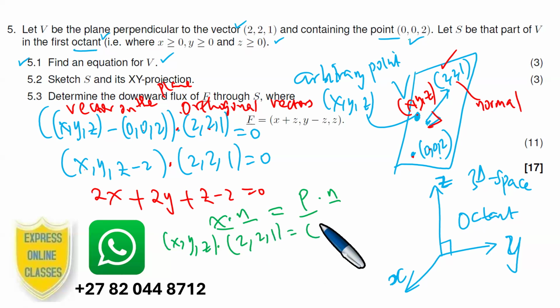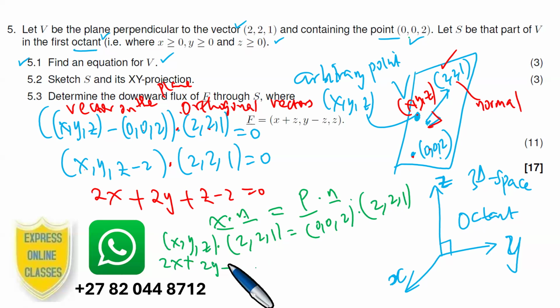The point is 0, 0, 2, and then the normal is the perpendicular, which is the same as this, 2, 2, 1. Which means you have 2x, 2y plus z, which is equal to this by that 0, this by that 0, giving us 2. Which means 2x plus 2y plus z minus 2 equals 0, which is the equation of the plane.